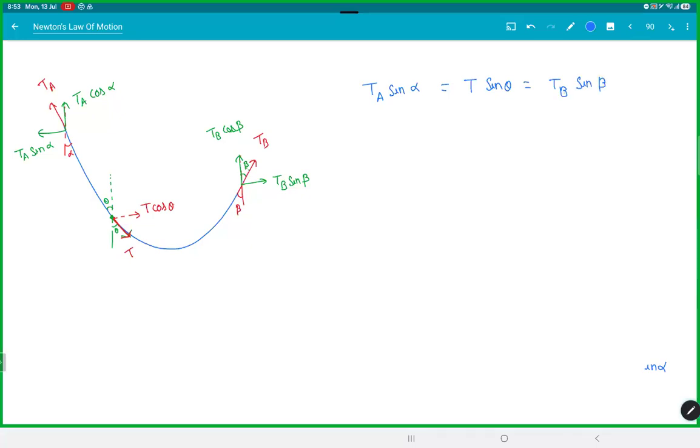So the horizontal component of tension at any point is constant. Tension will change, alpha will change, but the horizontal component will remain the same. It's a good result.